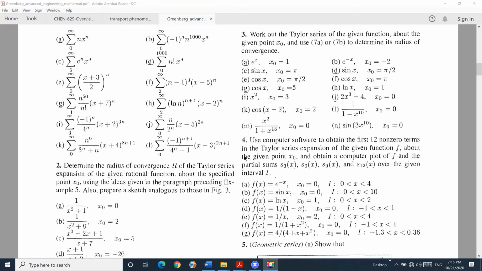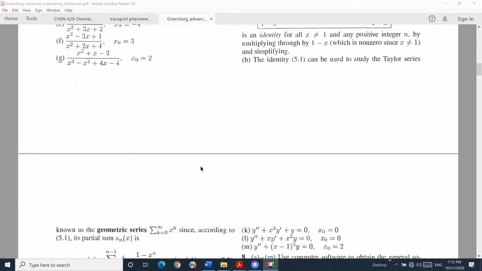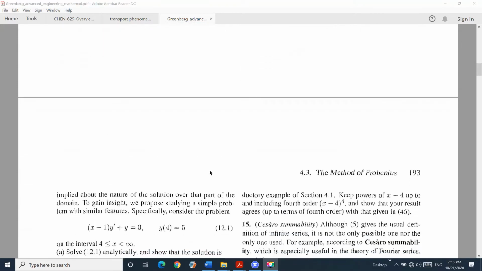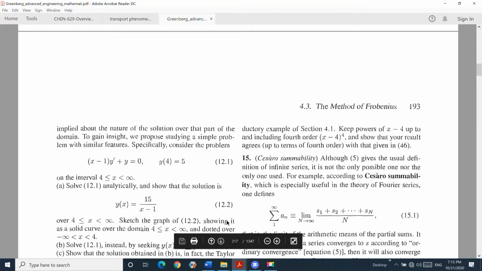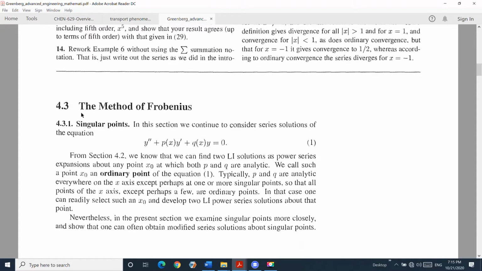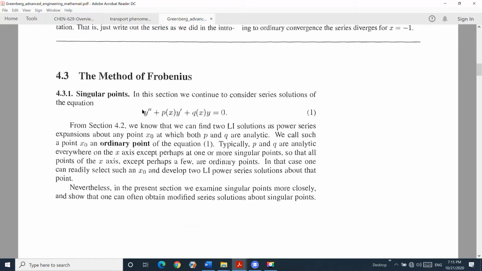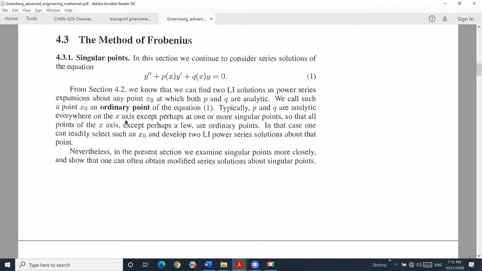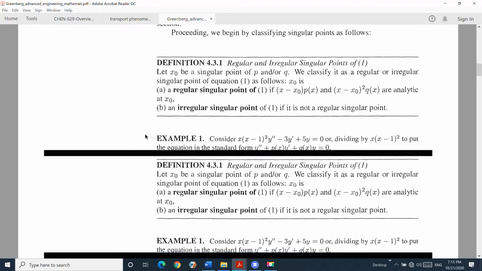And after that, we continue to section 4.3, which gives the Frobenius method. It gives singular points and ordinary points definitions.